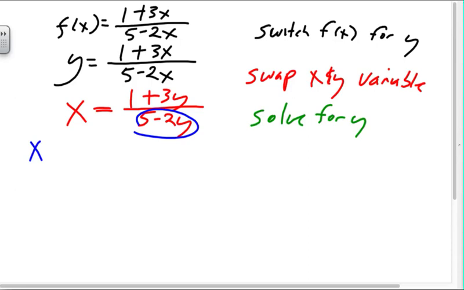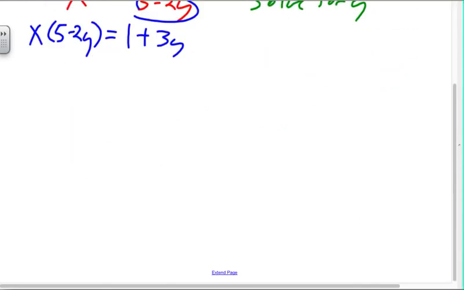So I'm going to have x times 5 minus 2y equals 1 plus 3y. This is a pretty typical technique. Okay. Now I'm going to distribute my x in. So I've got 5x minus 2xy equals 1 plus 3y.